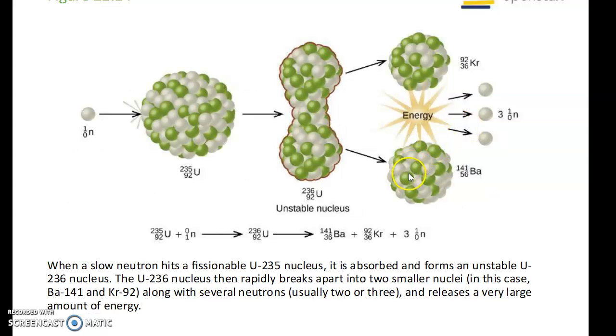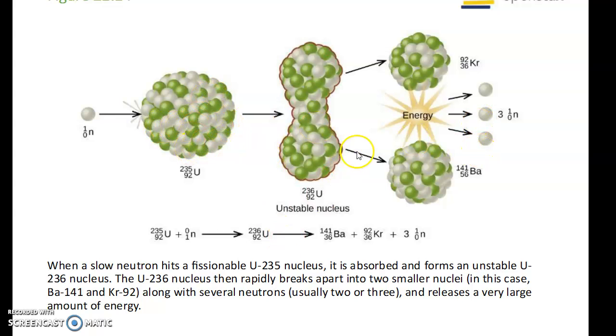Okay? The fact that you get 3 neutrons out of this means that if there is additional uranium there, it's going to have the opportunity to have 3 of these impacting those next ones.